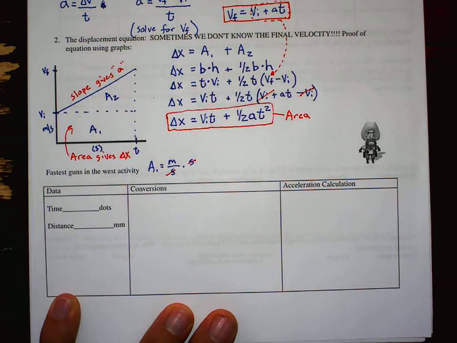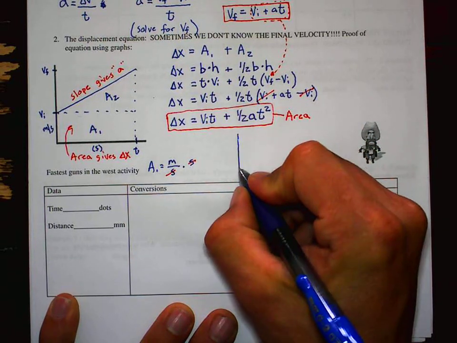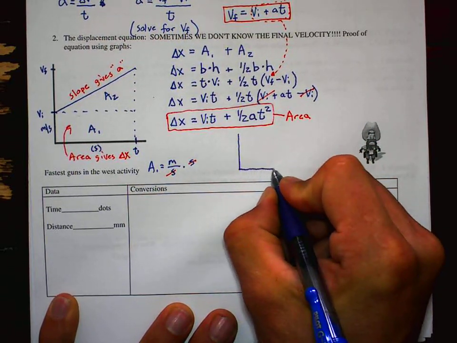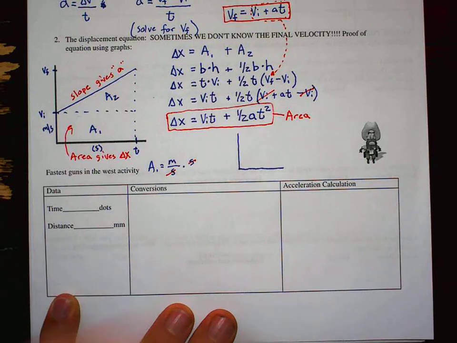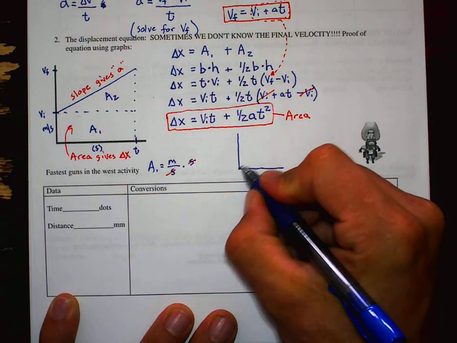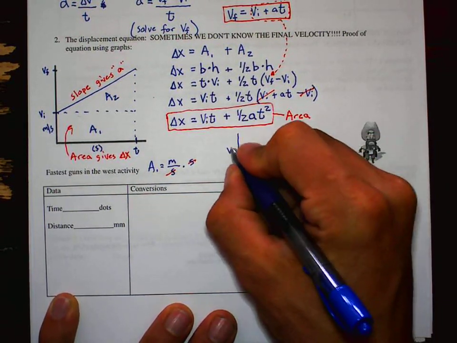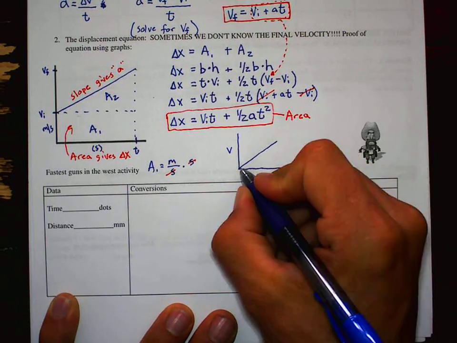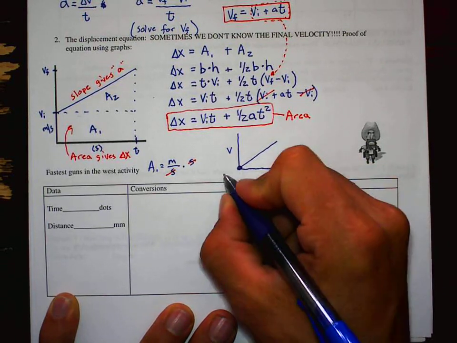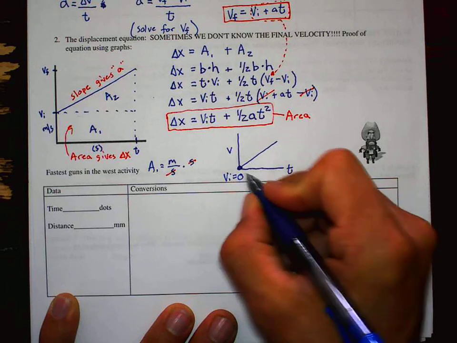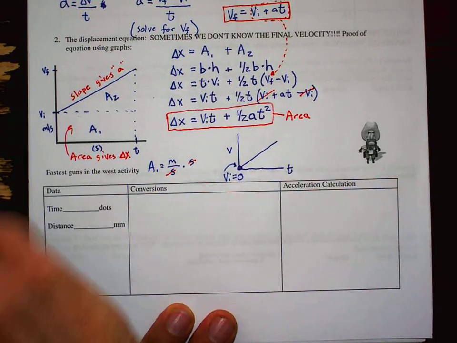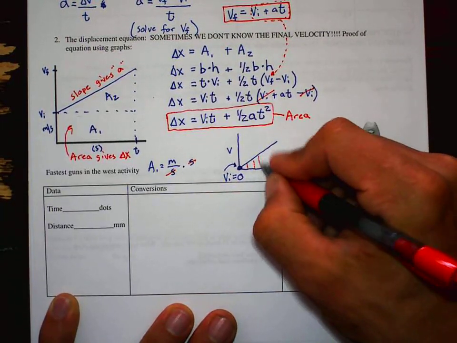Now some cool stuff with it. Let's say we have a car that is starting from rest. Its VT graph would look like this. Okay, what's the initial velocity? VI equals 0. That's this little point down here. Now I just have a triangle here.